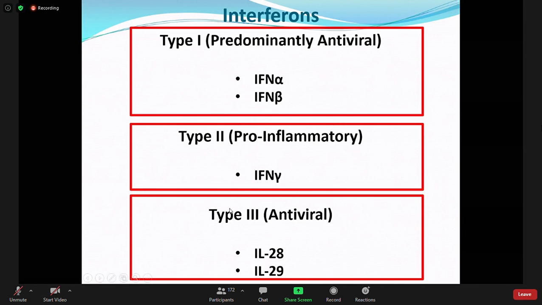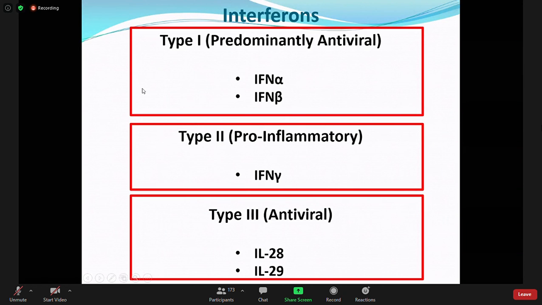Interferon alpha: even though this type 1 interferon was essentially more antiviral, we now recognize it as also having important effects on regulating or stimulating immune responses.